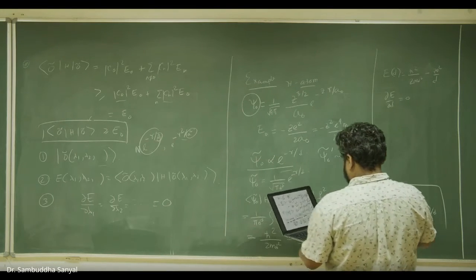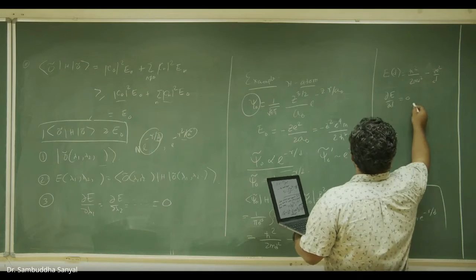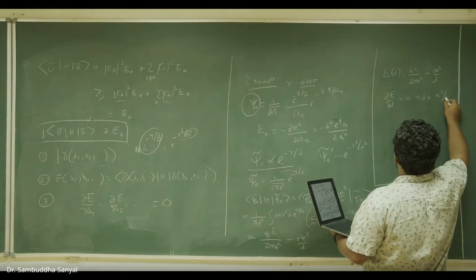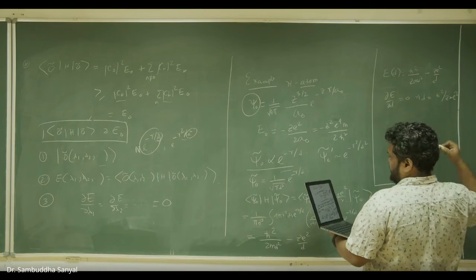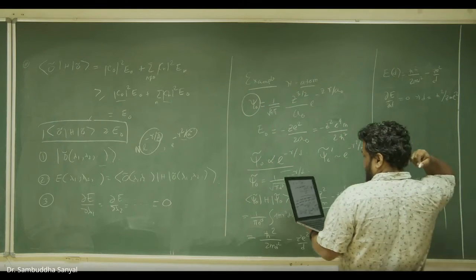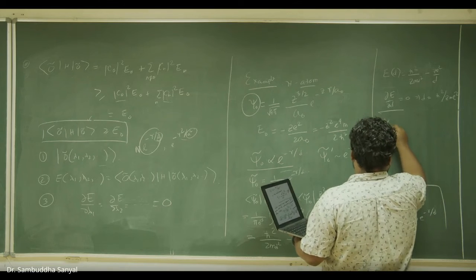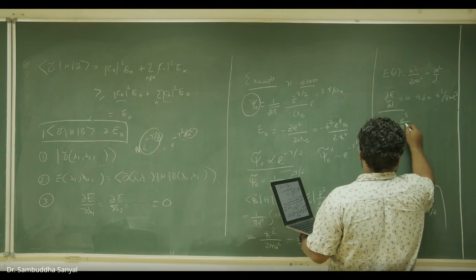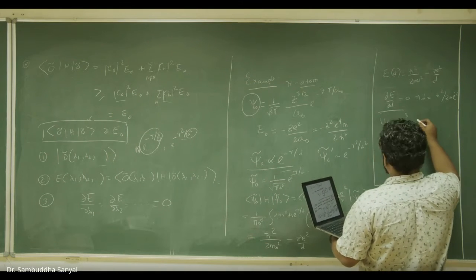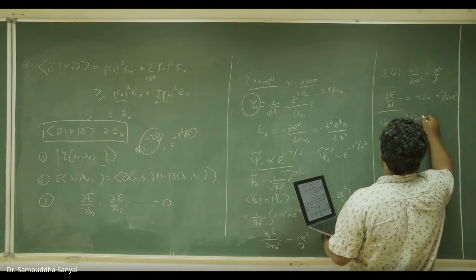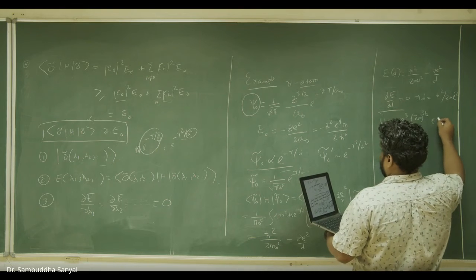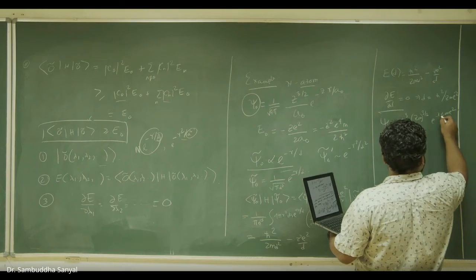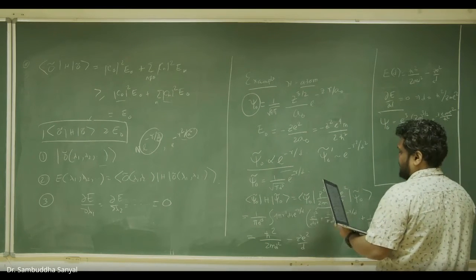So the correct result according to the variational principle is e cube by π ħ cube times zm to the power 3 by 2 e to the power minus r zm square by ħ square.